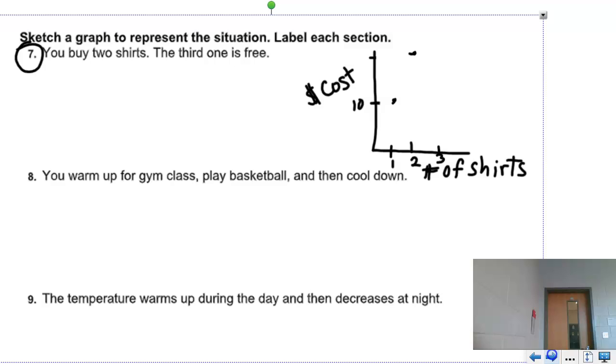Well, the third shirt is free, so my total cost is still right up here at $20. So my graph would look something like this. And I want you to think about how would that graph continue for 4, 5, and 6 shirts.